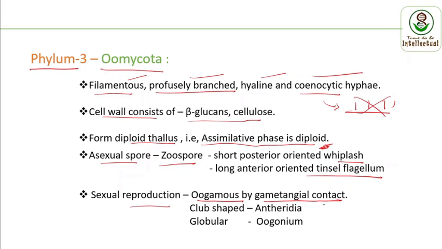The antheridia are club shaped and the oogonium is globular shaped. They come in contact and this transfers the male cell. By this it gets fused and forms an oospore. The fusion by this gametangial contact results in the oogamous condition.